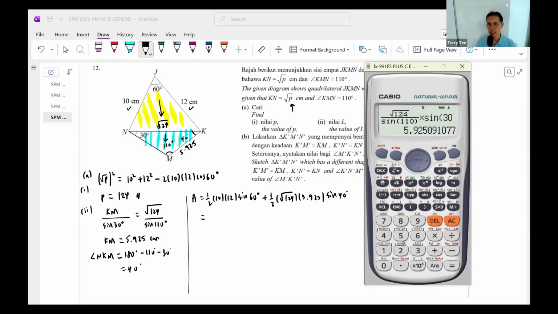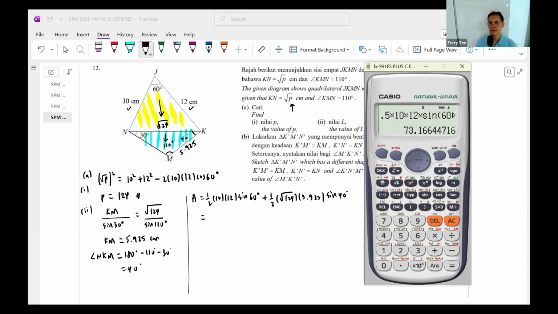Okay, let's add them together. The first one is half: I type 0.5 times 10 times 12 times sine 60. Then plus half times square root 124, times 5.925, times sine 40.